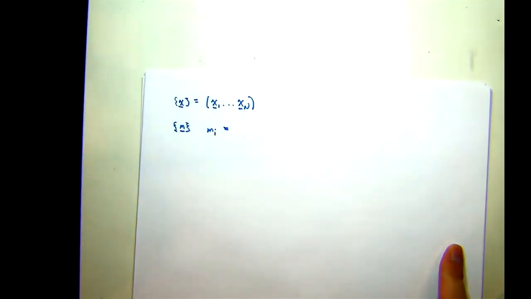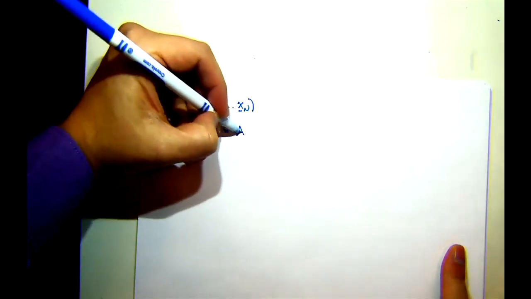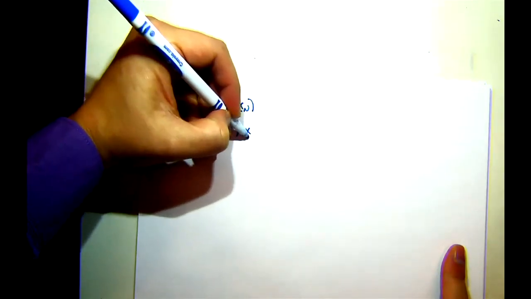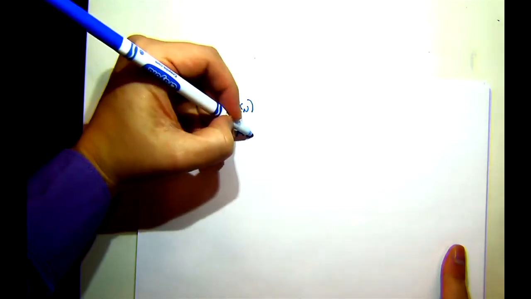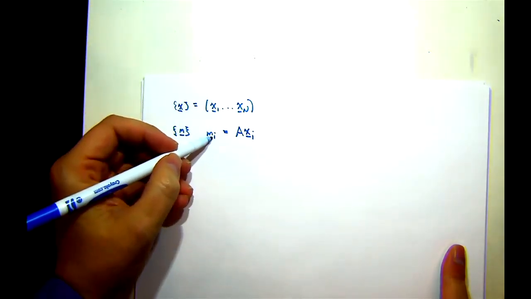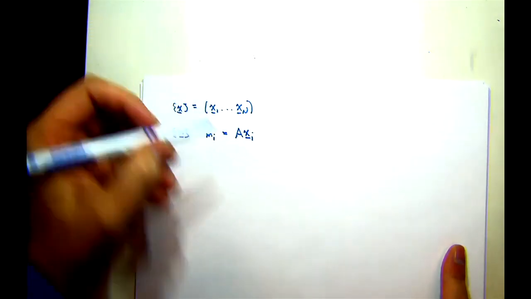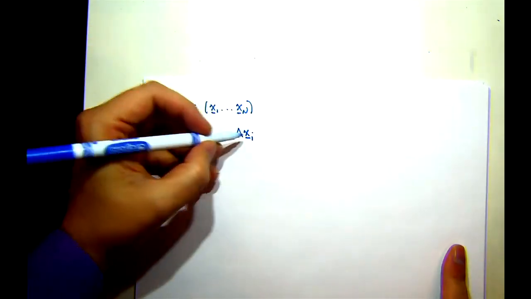The new data set M is going to be some transformation. The ith new vector is going to be some transformation A times x plus b.